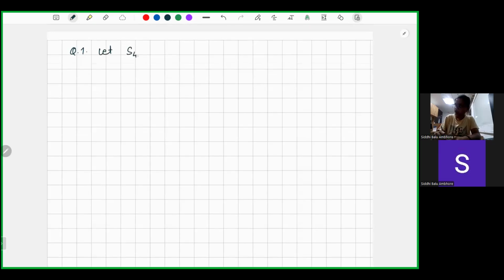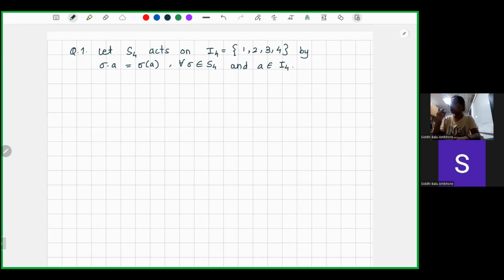So let S4 act on I4. I4 is a set containing these four elements 1, 2, 3, 4, by sigma·a equal to sigma of a for all sigma belonging to S4 and a belonging to I4.